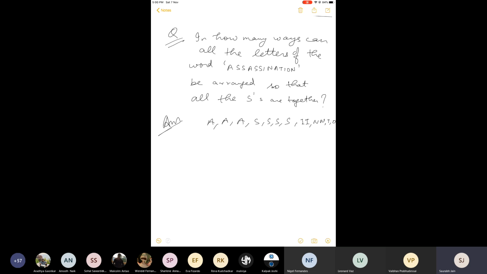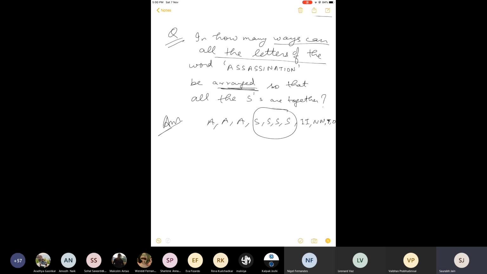And I have written all the 13 alphabets here such that similar kind of objects are written together. We have to keep all the S together. Arrangements are asked here because the question is, in how many ways can all the letters be arranged such that all the 4 S are together?